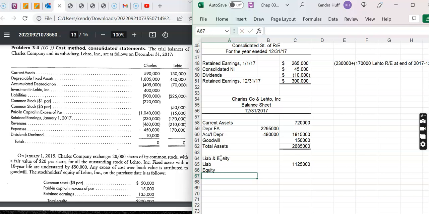Equity is going to be common stock of just Charles, paid in excess of just Charles, and retained earnings. That's going to come from above.